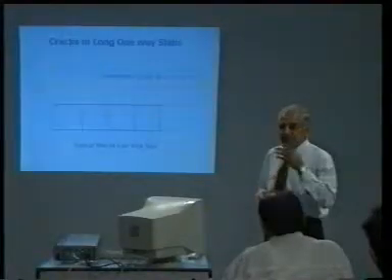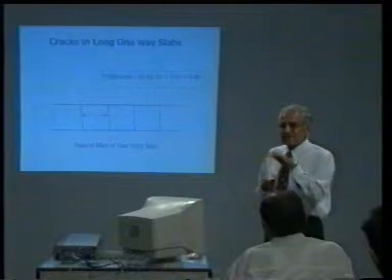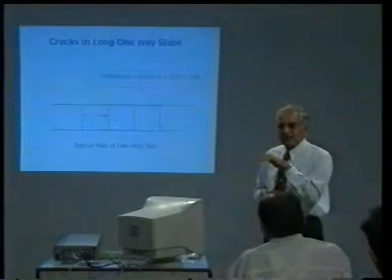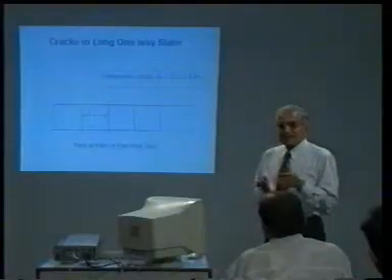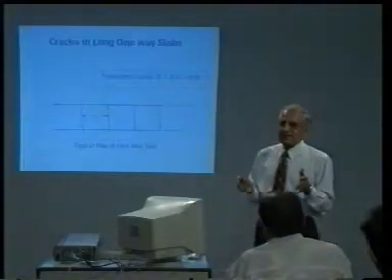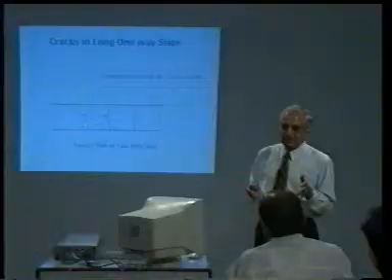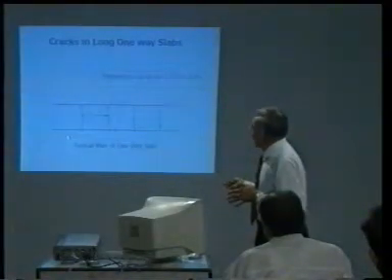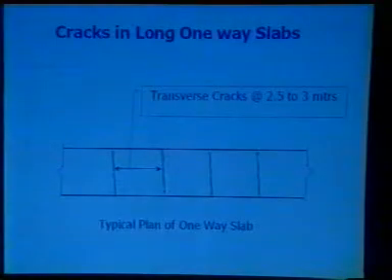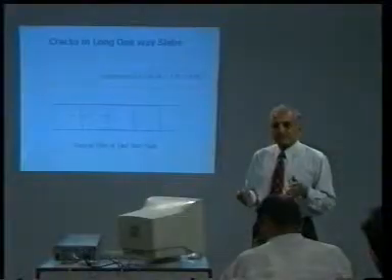Because the outside temperature and the inside temperature gradient is so much during the day and the night that at every 2.5 to 3 meters, the tensile stresses of concrete are exceeded because of thermal movement. So, that is why these cracks take place. Very easily you can look after them by providing heavier temperature reinforcement.